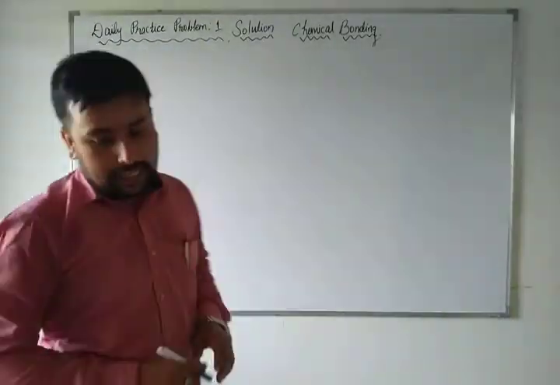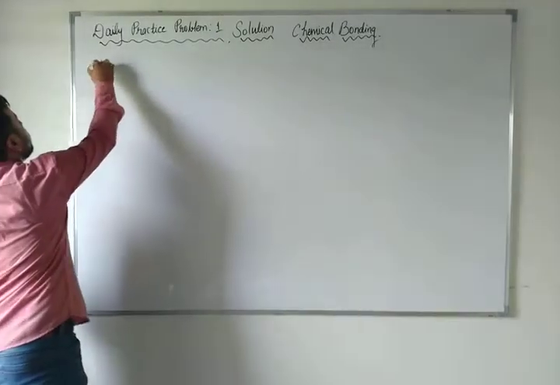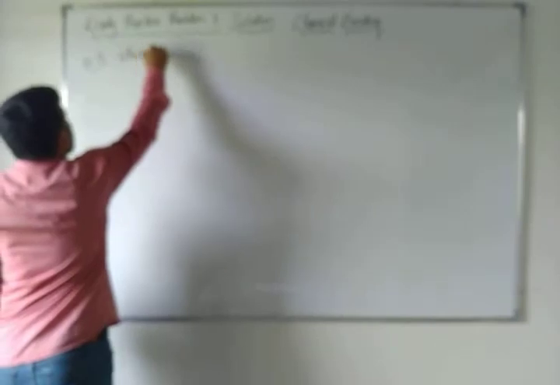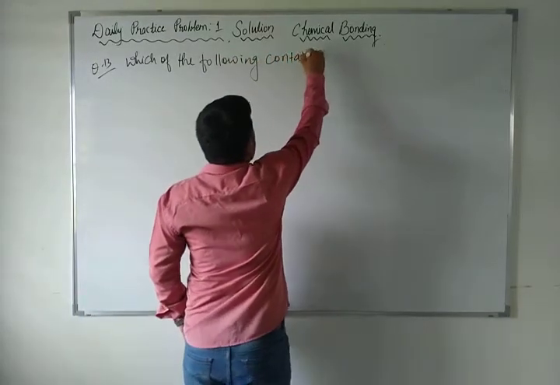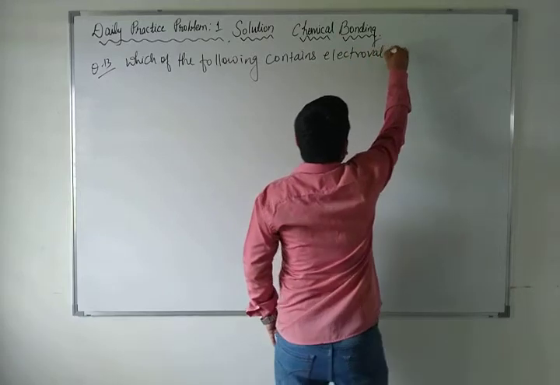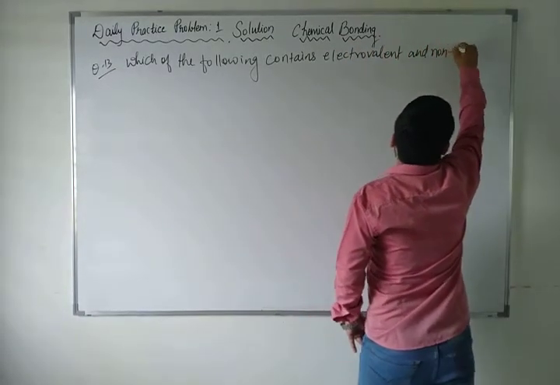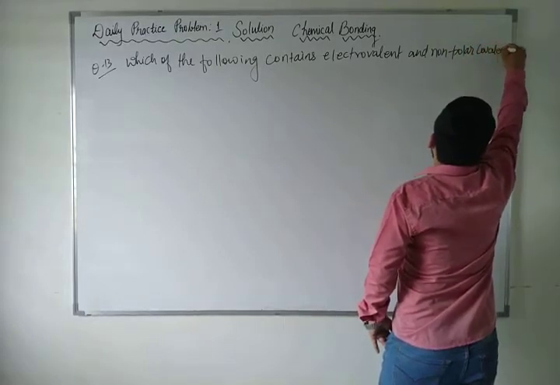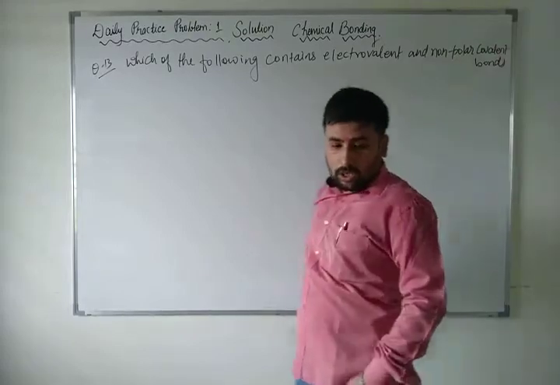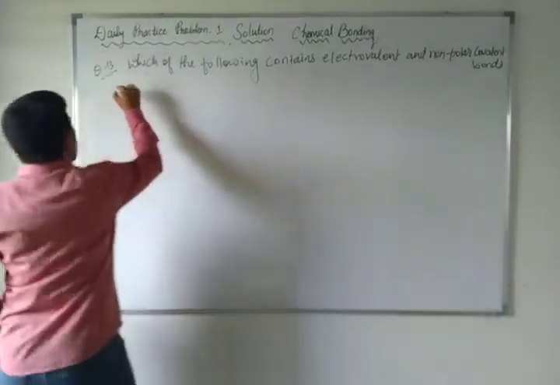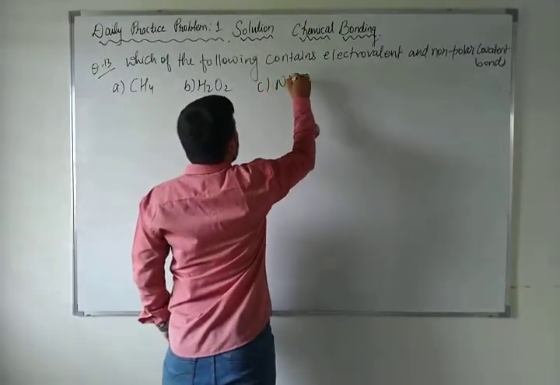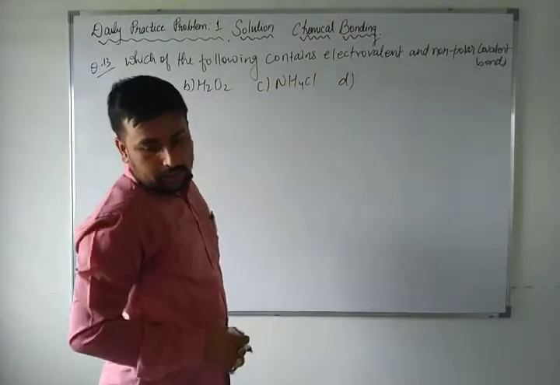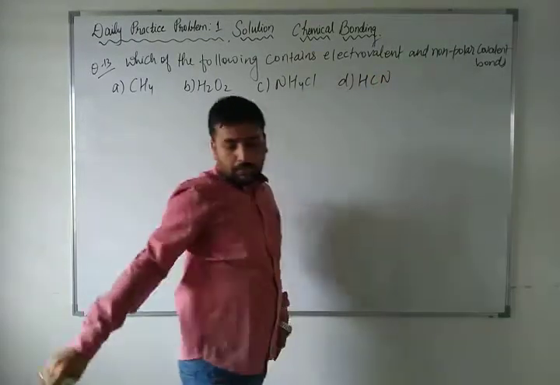Which of the following contains electrovalent and non-polar bond? Options are methane, hydrogen peroxide, H2O2, option C is ammonium chloride, and the last option is hydrogen cyanide, HCN. Can you tell me which will be the right answer?